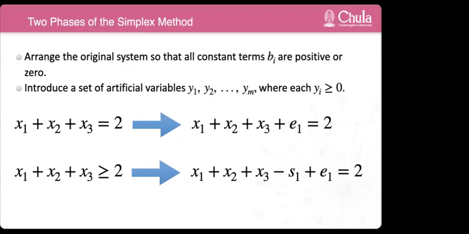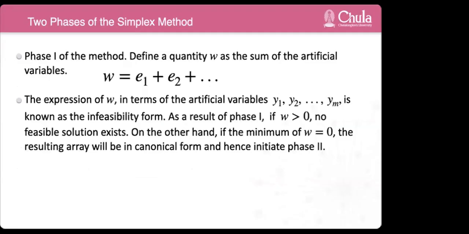If you have two equality constraints, of course you need e1, e2. If you have two greater than or equal constraints, of course you need e1, e2 as well. So the name of two-phase algorithm is, we have two phases.